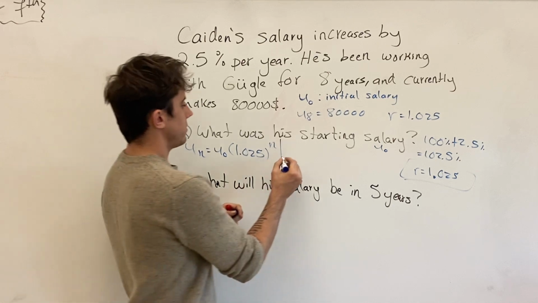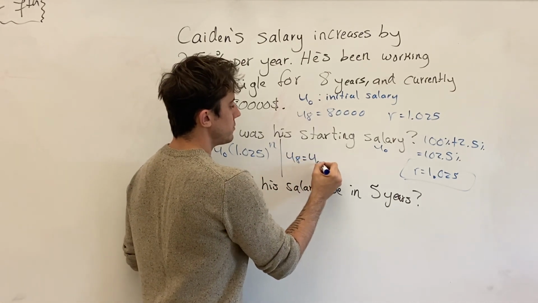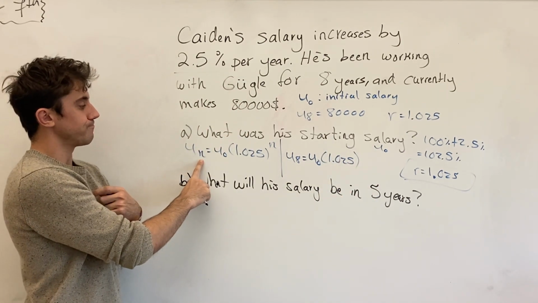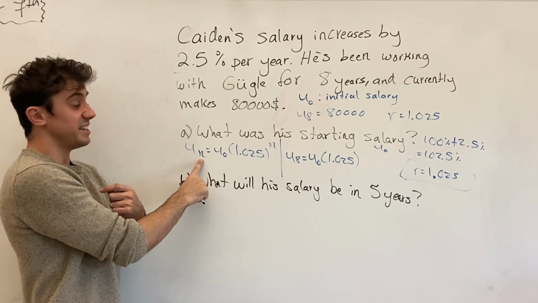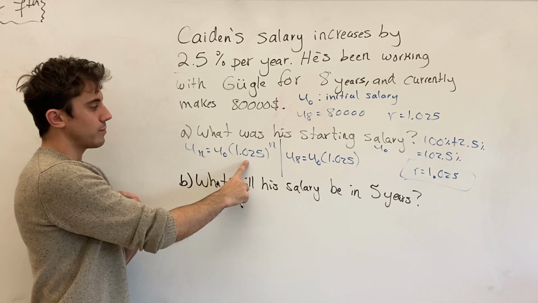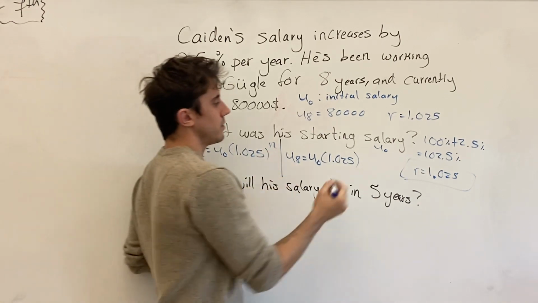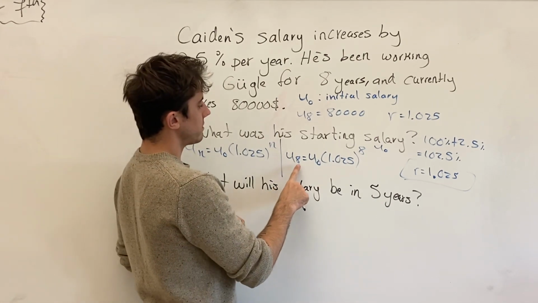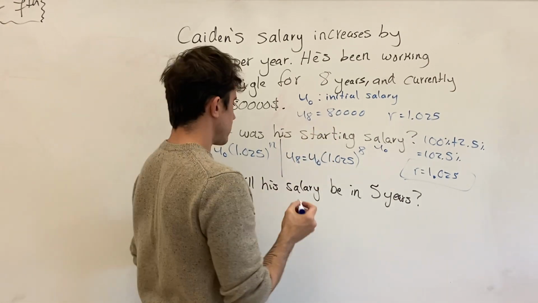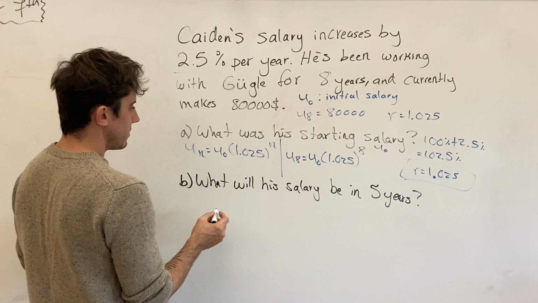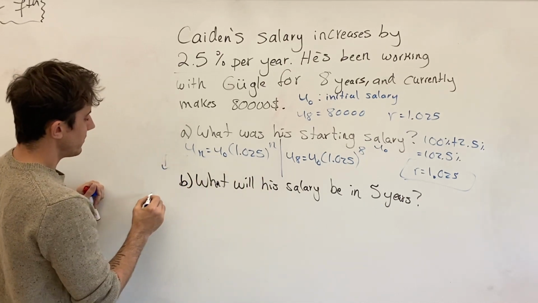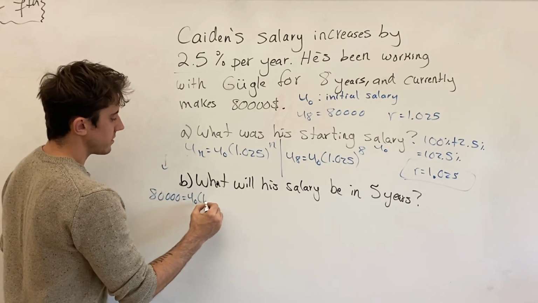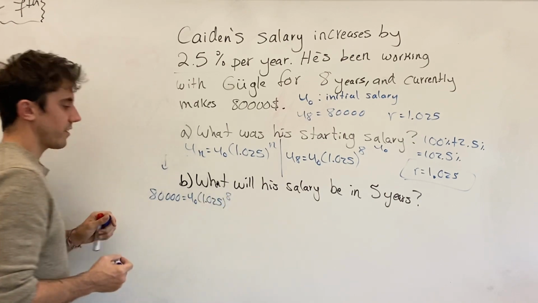U8 equals U0 times 1.025 to the power of 8. Plugging in our value, 80,000 equals U0 times 1.025 to the power of 8.